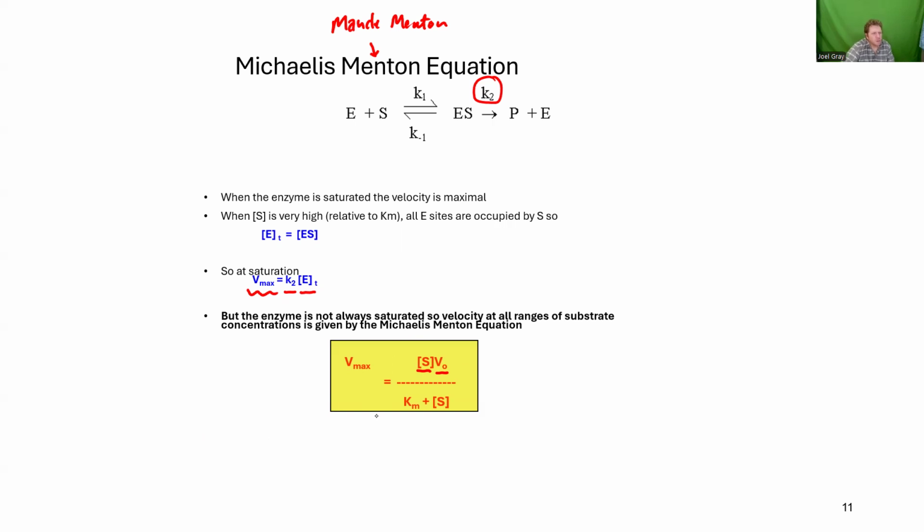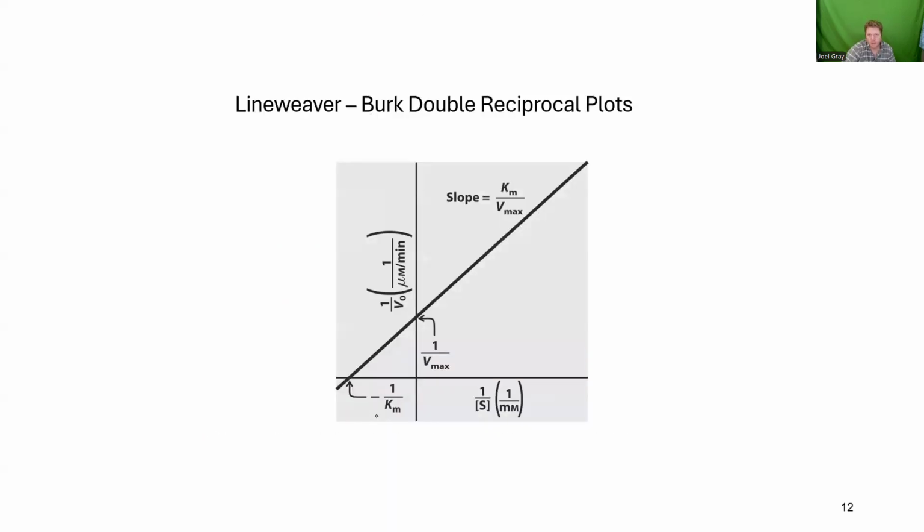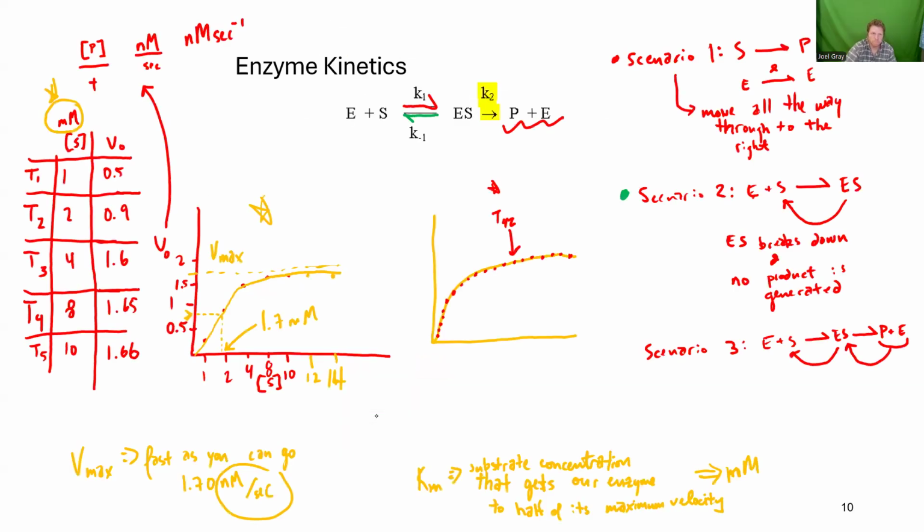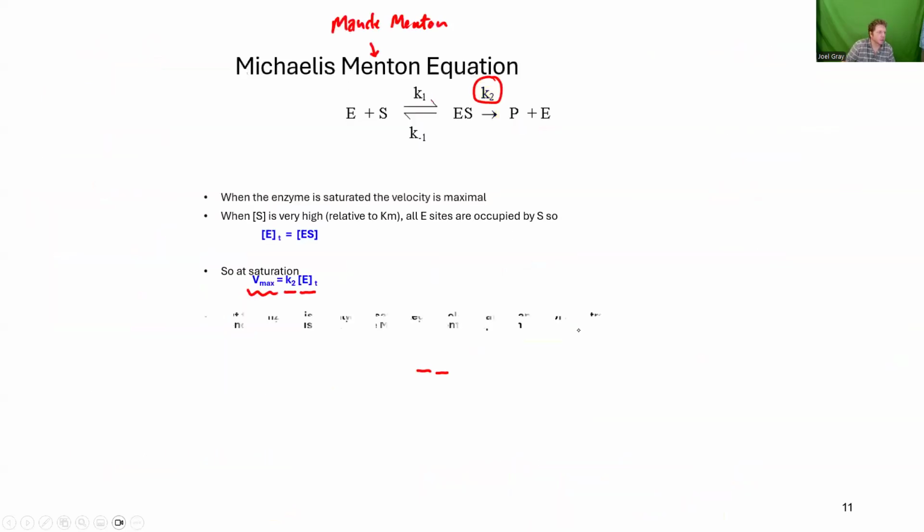So what we can do with this equation is come up with the Michaelis-Menten plot, which is what we drew right here. Both of these plots are your Michaelis-Menten plot.